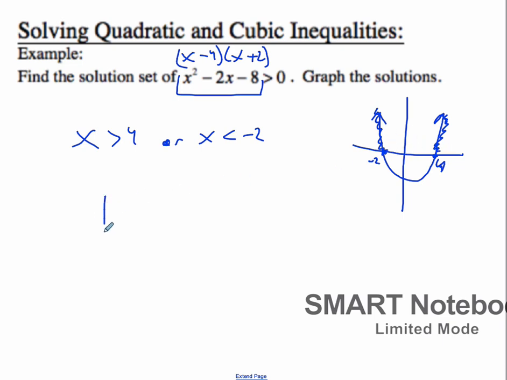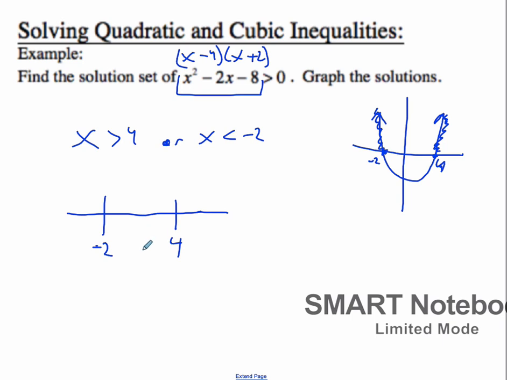Okay, another thing you could do is, well, we know at x equals 4 and -2 this quadratic is equal to 0. So we could look at values between -2 and 4, bigger than 4, and less than -2, and see if those numbers are positive or negative. So between -2 and 4, we can plug in any number to figure out if it's positive or negative.